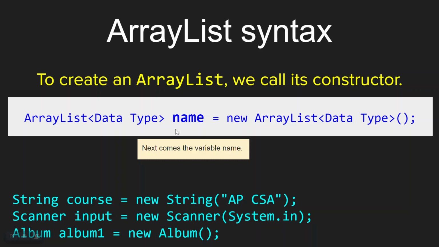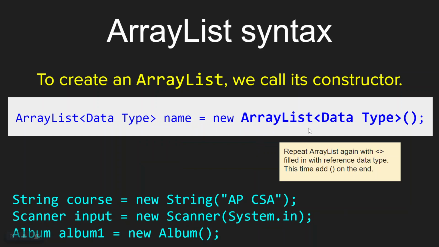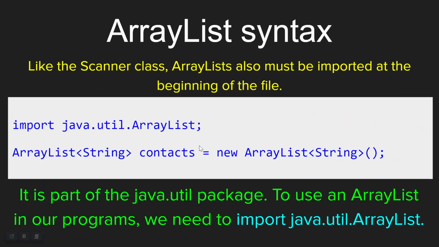So whatever you're going to call your array list, you have to give it a name right here, just like you have to name any object of a class. Next comes equals new, and then finally you just repeat the word ArrayList again. And again, with your angle brackets and the data type, but this time you have to add your parentheses and then your semicolon. So this is how you create an array list.